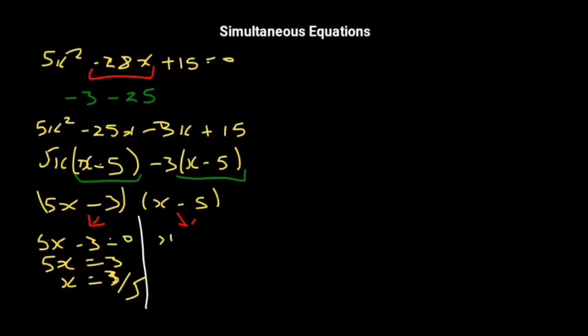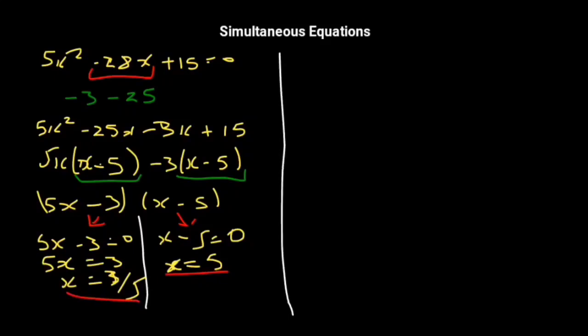We now have x minus 5 is equal to 0, and x would be equal to 5. And there we have our two x values.